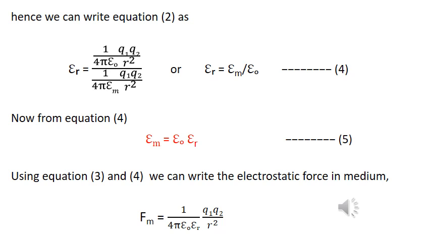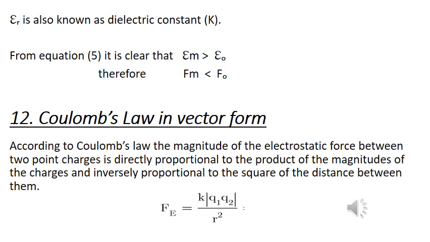Using the two equations, we can write the electrostatic force acting between the two charges Q1 Q2 separated by the distance r in the medium is equal to 1 by 4 pi epsilon naught epsilon r Q1 Q2 by r square. Epsilon r is also known as dielectric constant.